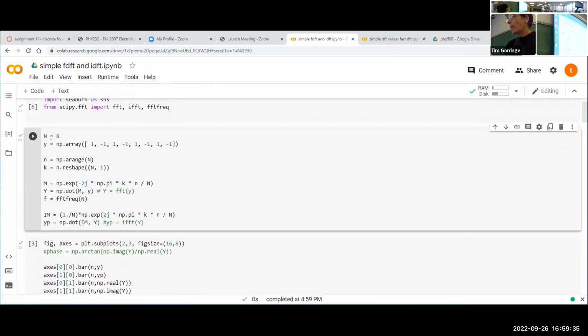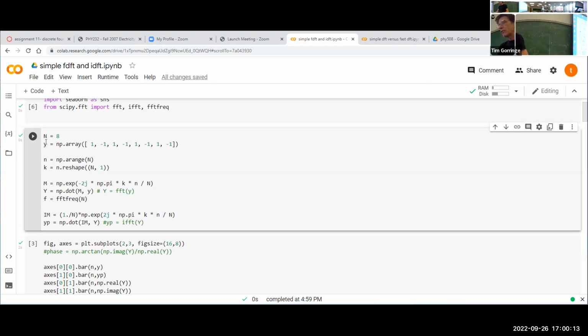Okay, so I'm going to imagine I've got some data that I've sampled in, say, the time domain, and there are eight data points, so 8 samples. I'm going to write my own Fourier transform code using matrix vector multiplication to calculate the corresponding version of this in the frequency domain.